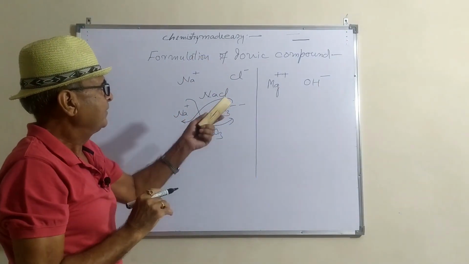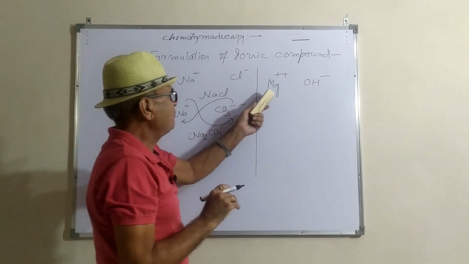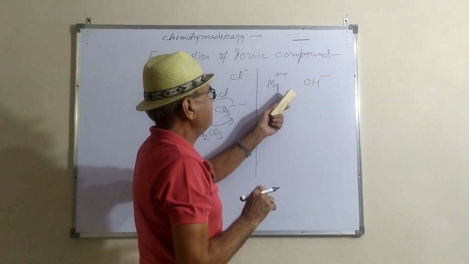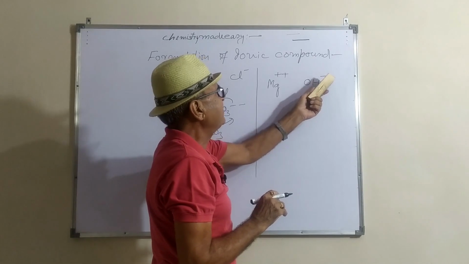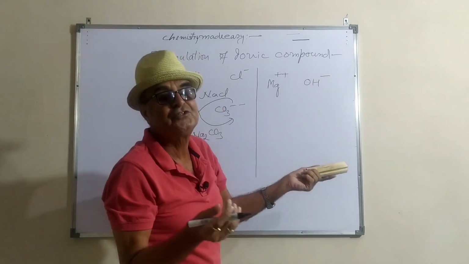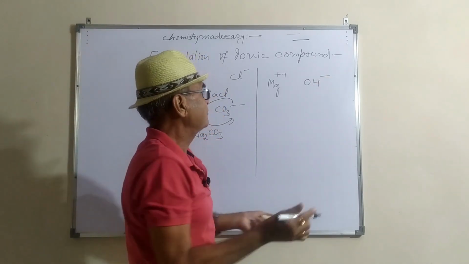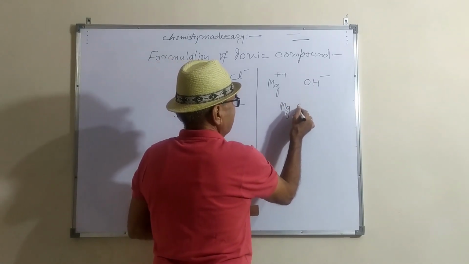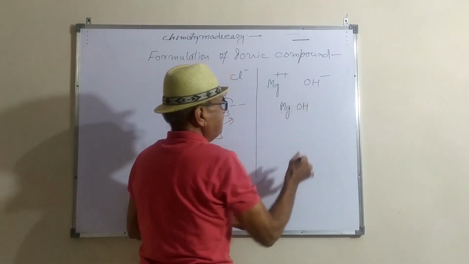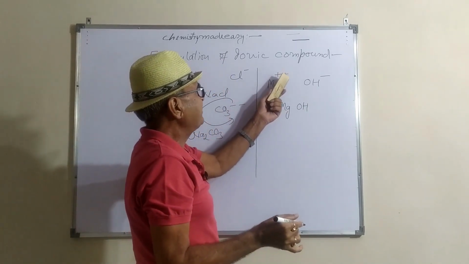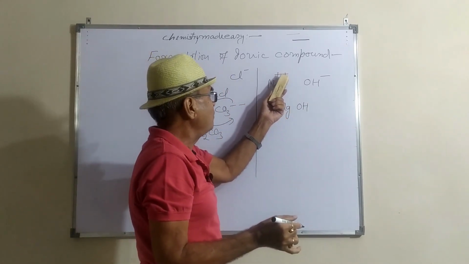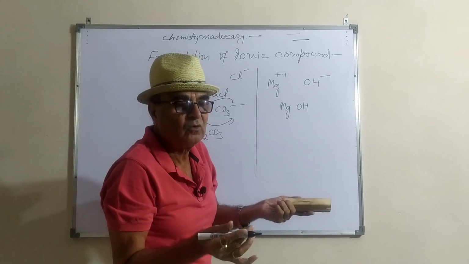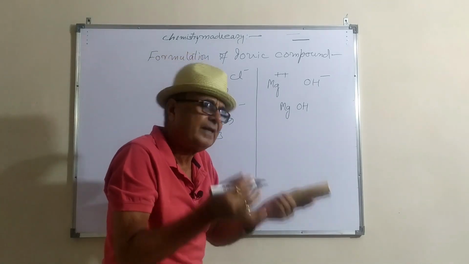Then magnesium will be multiplied by 1, as it is the valency or the charge of the anion. So Mg and OH will be multiplied by 2, because 2 is the charge of the cation.